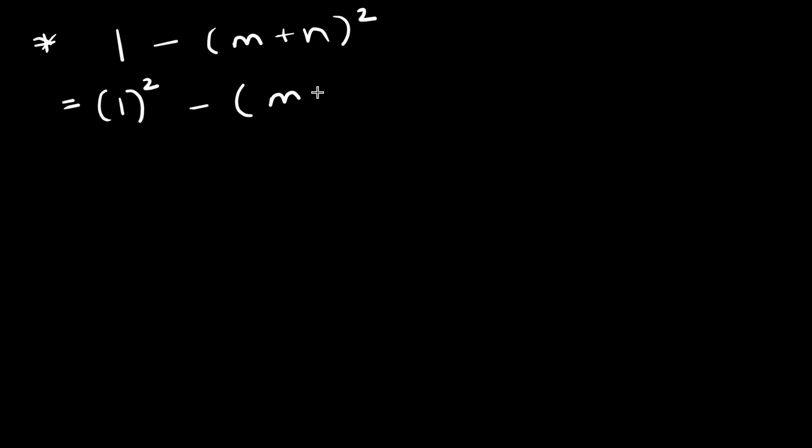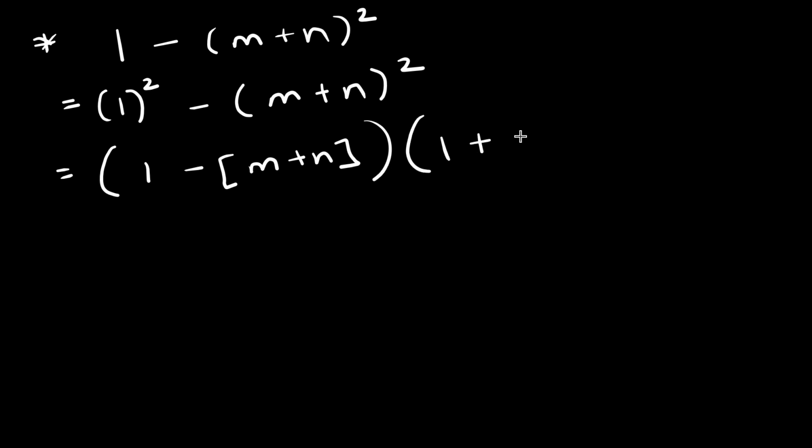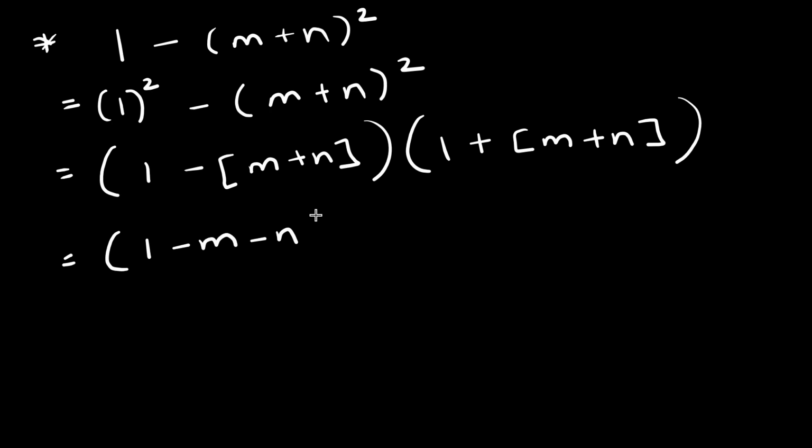And then my squares are as follows, and my solution is going to be 1 minus all of this times 1 plus all of this. And you can simplify this. It becomes 1 minus m minus n, because the negative is distributed across the m and the n. And what you have over here is 1 plus m plus n.